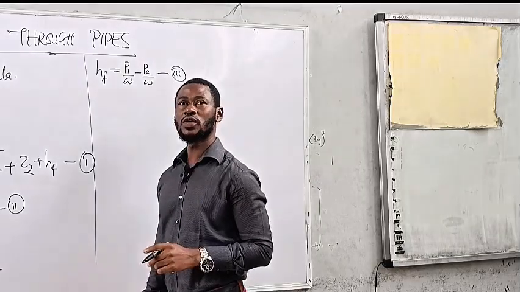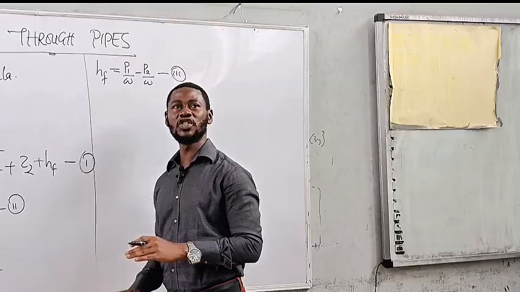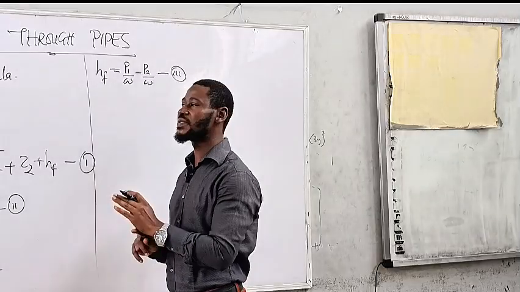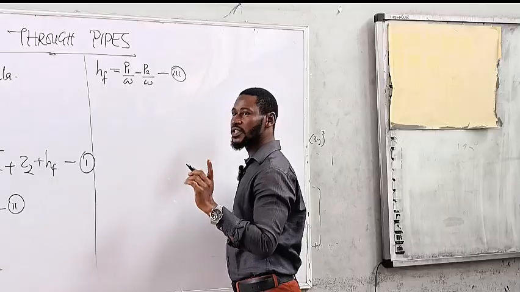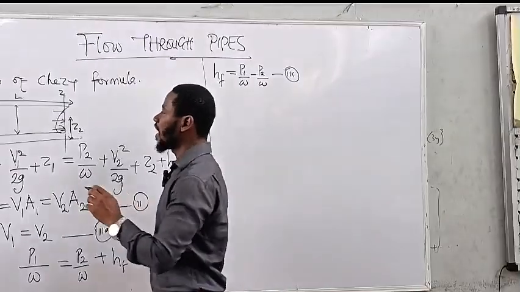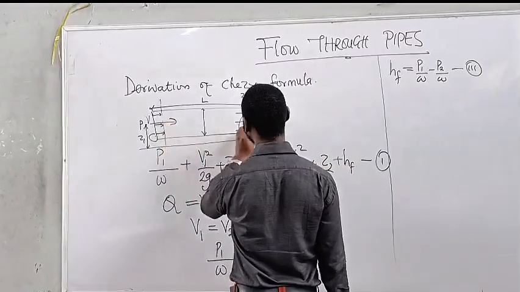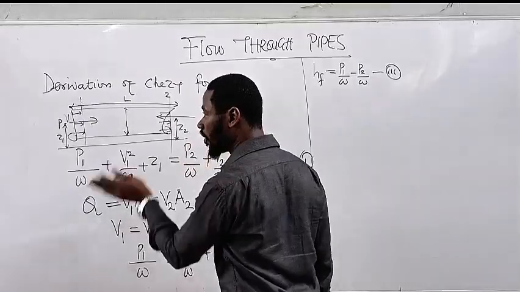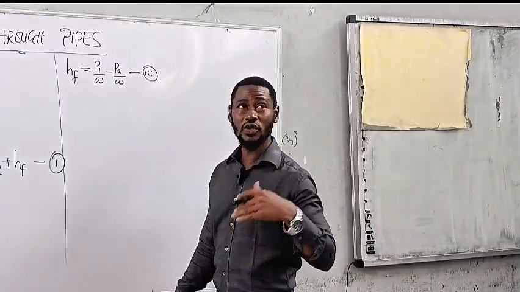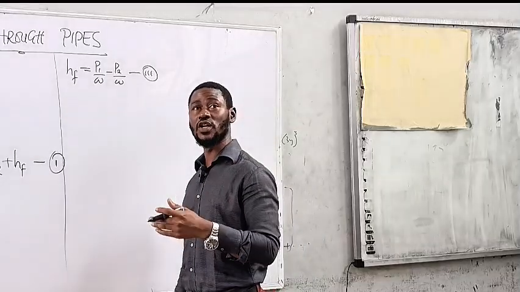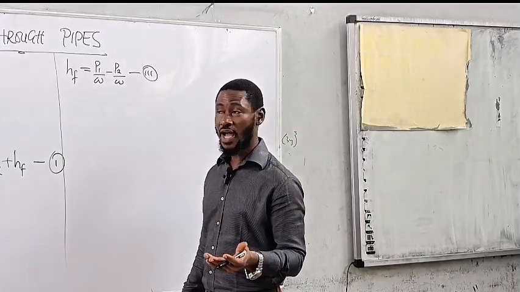The next thing we are going to do is to look at the summation of the pressure forces that occur in the pipe. At this level, we have this coming in, and at this level, this one is going in the other way round. So the pressure force you are going to get from pressure equals force over area. Are we together?